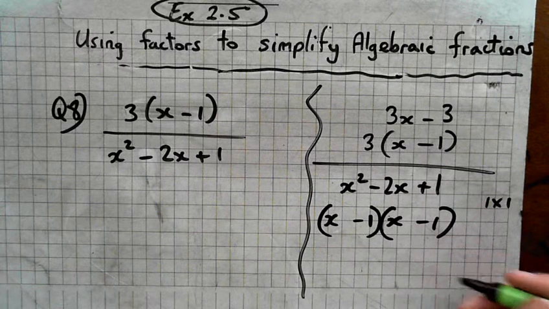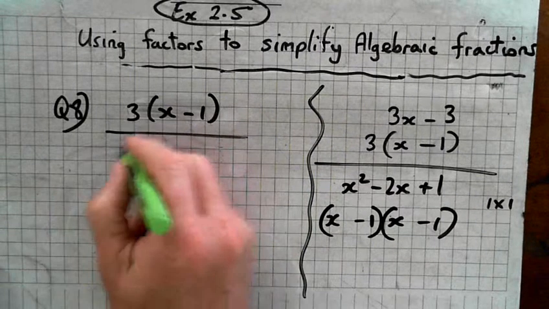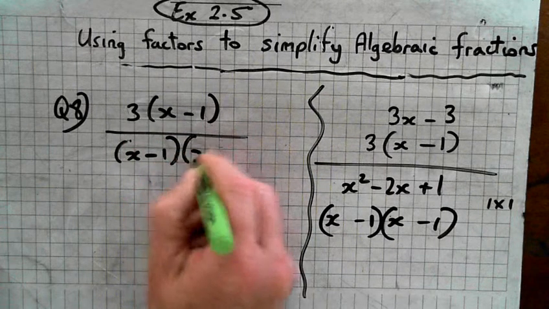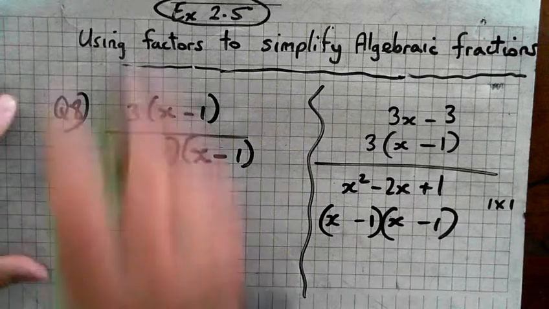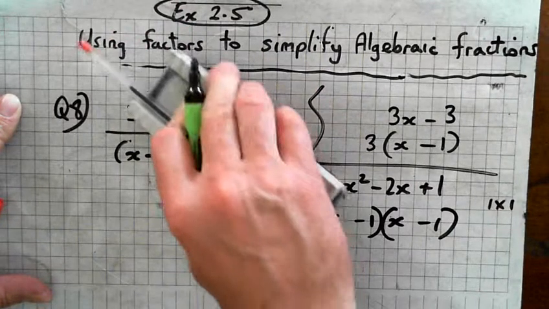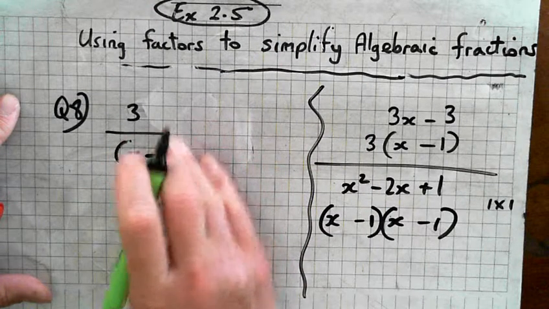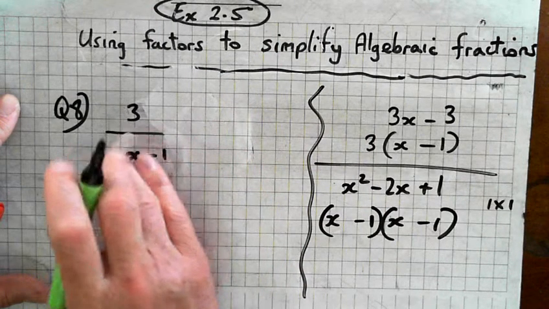So minus 1 and minus 1 is minus 2. Alright, so we'll replace that with x minus 1, x minus 1. And again, one of these cancels with one of those. So we're left with 3 over x minus 1. That's the answer.